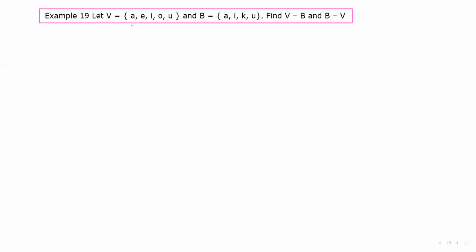V and B are given in the next question. We have to calculate V minus B and B minus V. V minus B: take the set V, A, E, I, O, U, and then subtract the common elements from it. A is common, I is common, and U is common.